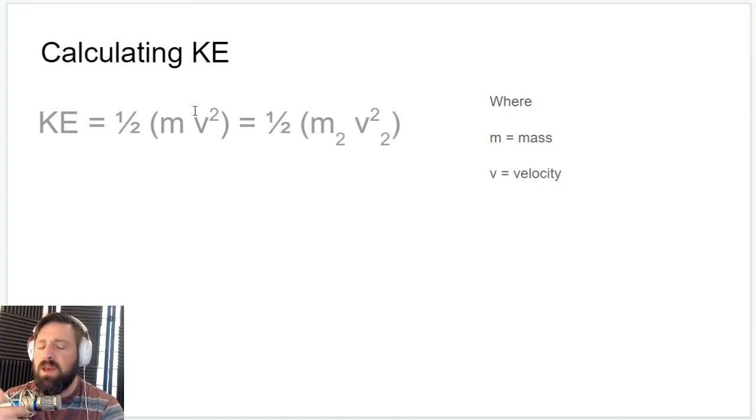Makes sense. The other thing you need to think about isn't just how fast something is going, but how much mass that thing has. A great example of this would be, if I am trying to stop a baseball rolling at 2 miles an hour, I can easily catch it and stop it in my hand, no problem.